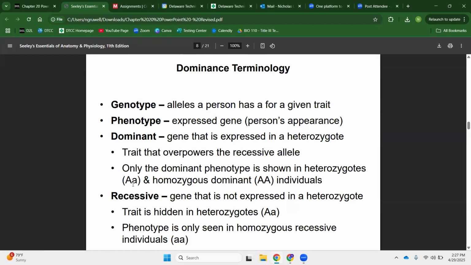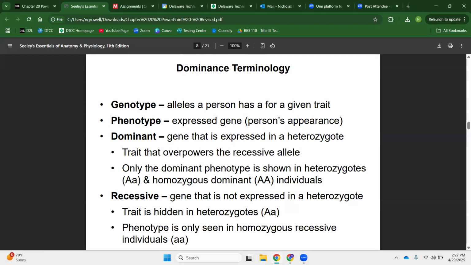So this big A, little a, or big A, big A would both be examples of genotypes. Now, the phenotype is a bit different. It's not what's on paper, it's what's actually expressed as that gene for a person's appearance. For example, hair color or eye color.